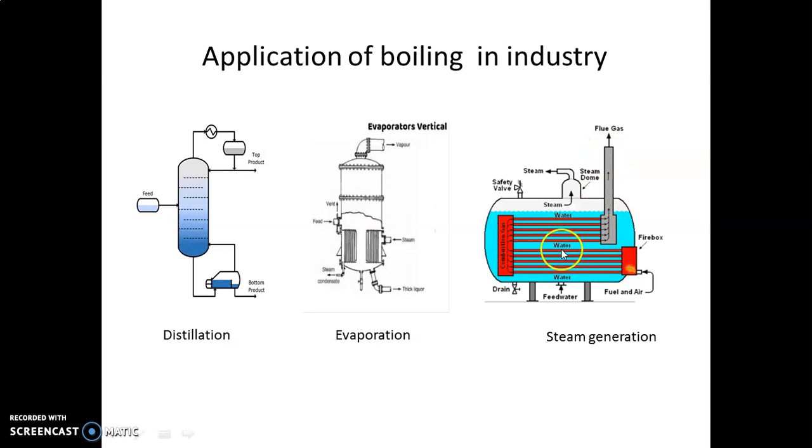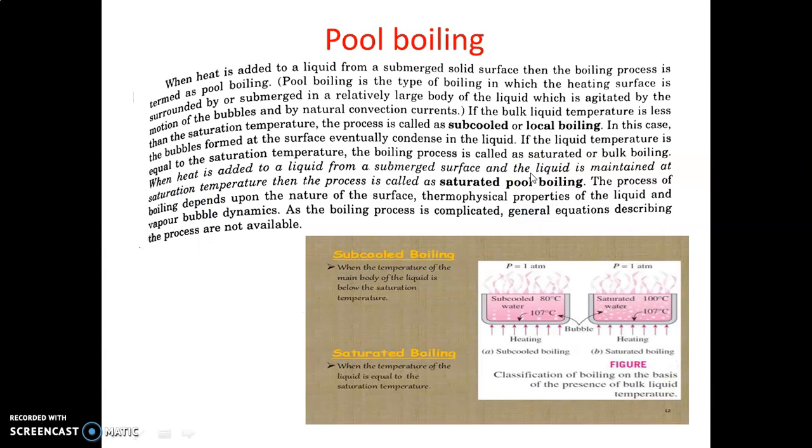The flue gases give heat to the water, the water is converted into steam, and the steam is taken out from here. This is another typical example of boiling used in industry.